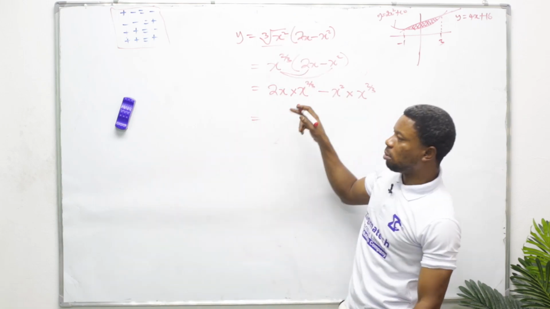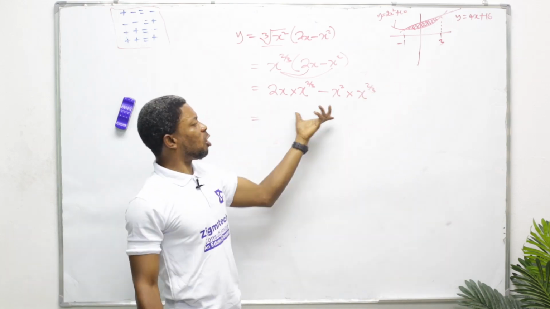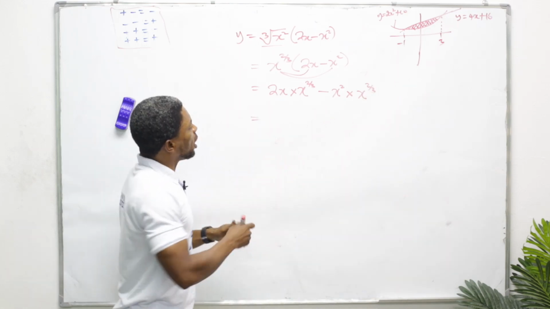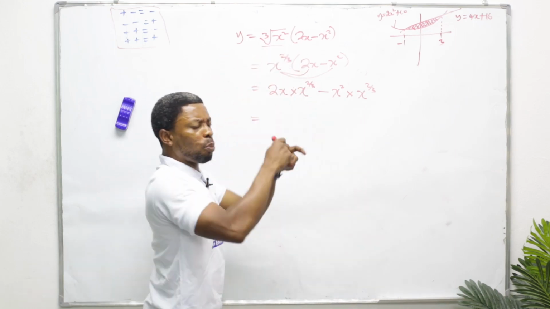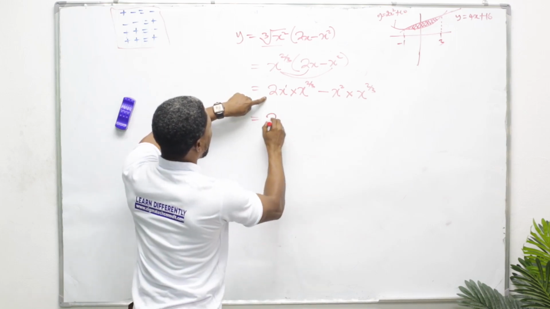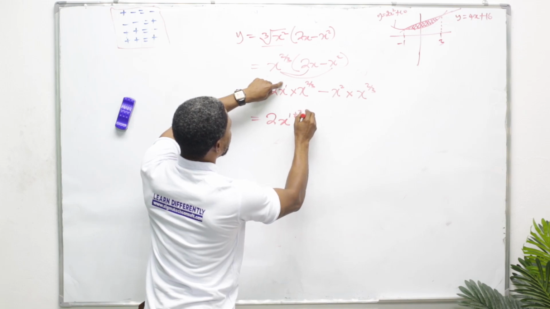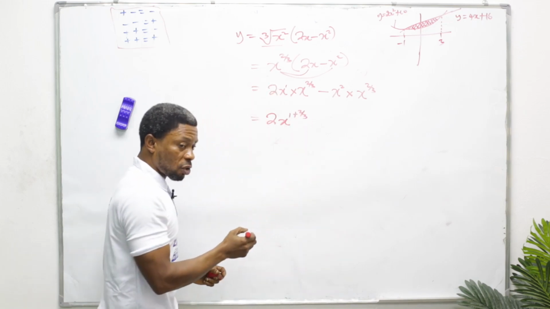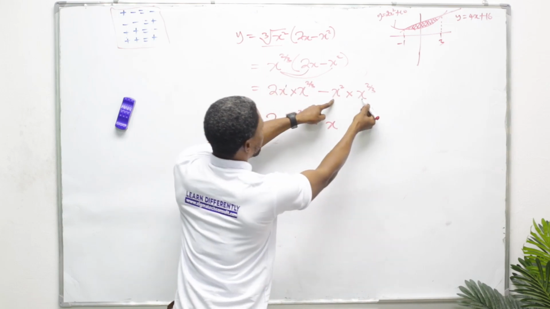This is integration, but I'm going to use the idea in indices, or else I'll be stuck here. In indices, when the two bases are the same, we add the two powers. What is here is 1, but it's invisible. So now I'm going to have 2 multiplied by x raised to power 1 plus 2 over 3, minus, I pick 1x, since I have two bases here.